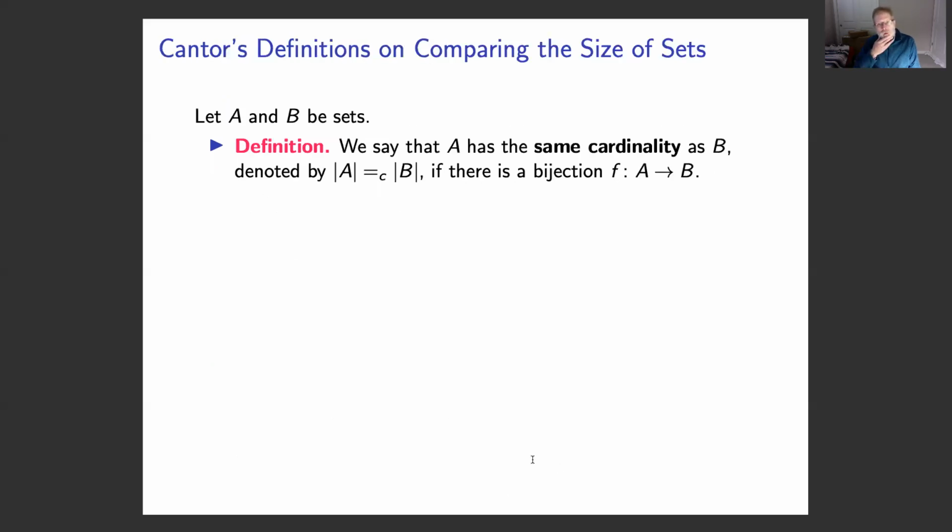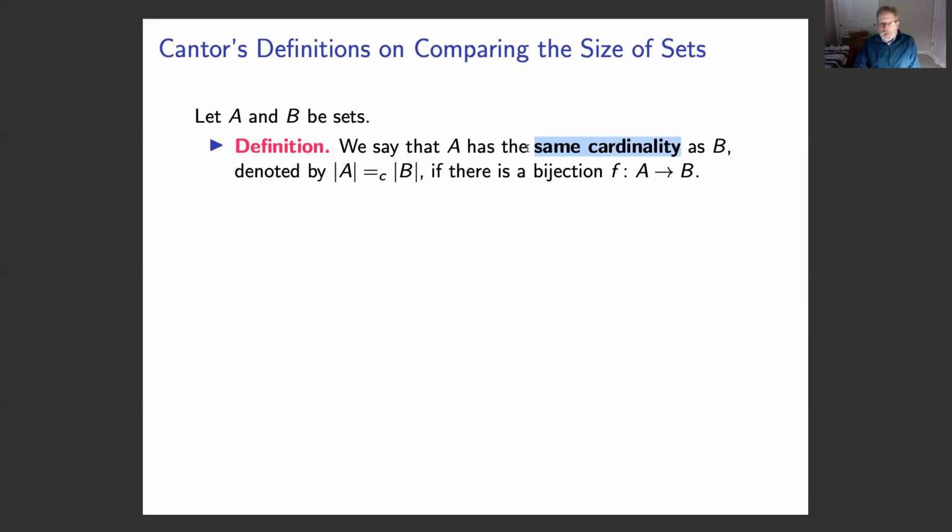Okay, so now we're going to investigate some of Cantor's definitions on comparing the size of sets. Rather than say the same size, mathematicians usually refer to two sets having the same cardinality, right? But what does it mean to say they have the same size? Well, we already talked about that.